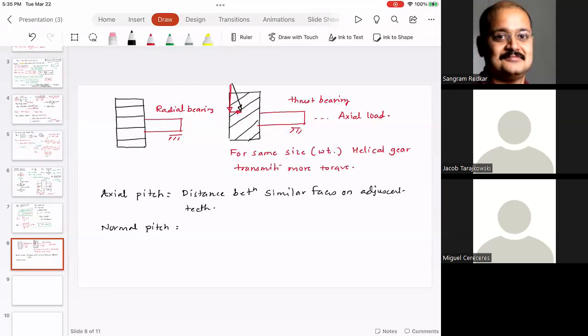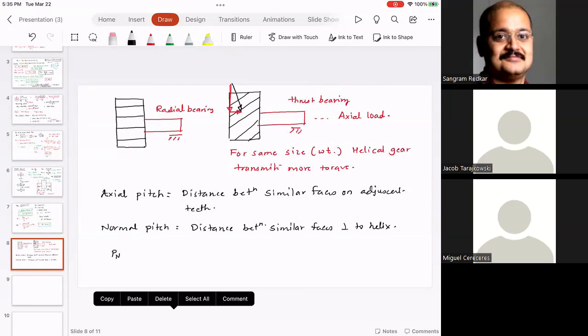In normal pitch, distance between similar faces perpendicular to helix. And the equation is normal pitch is equal to PC multiplied by cosine alpha.